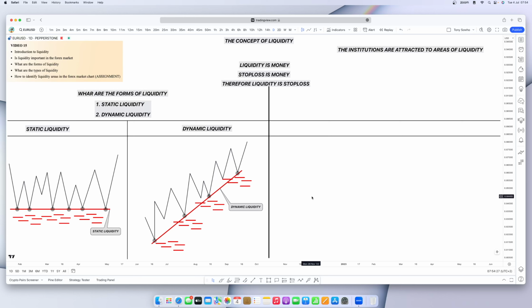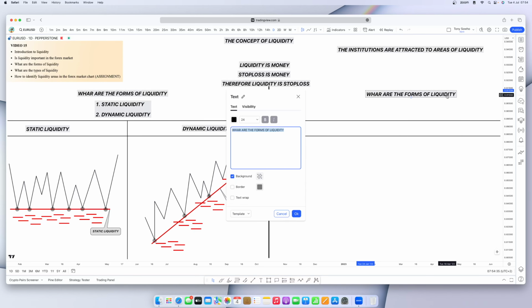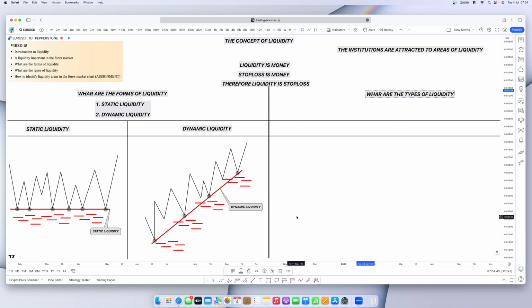now, next thing we're going to be talking about is what are the types of liquidity? We've talked about the forms of liquidity. What are now the types of liquidity? Now there are two. We have two major types of liquidity.